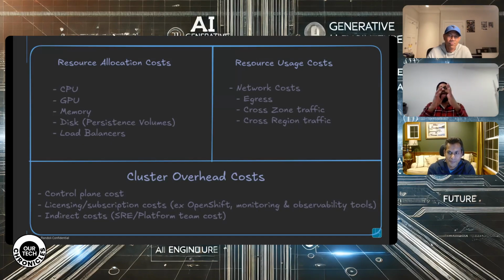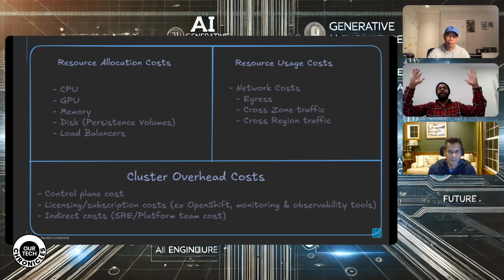So if you take a Kubernetes cluster, and then look at the cost makeup of that cluster, you have the cluster overhead cost, and this is where your control plane cost and any kind of licensing subscription cost that you have for the tools that you use come in. If you use something like OpenShift, there's a licensing cost for that, and there are other indirect costs like your overhead of running the platform, right?